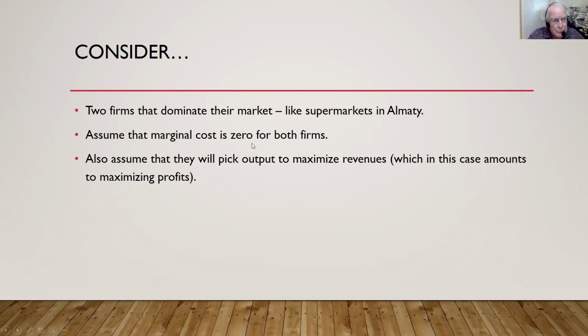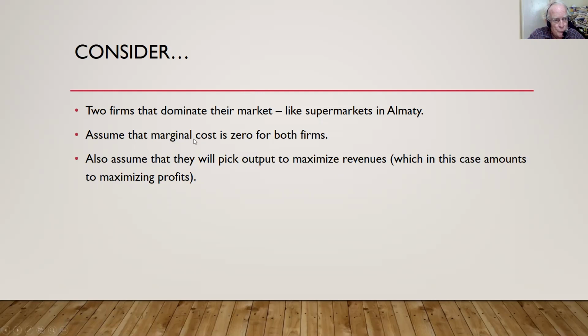So we want to model the case in which each firm in the duopoly is choosing how much to produce in order to maximize revenues.